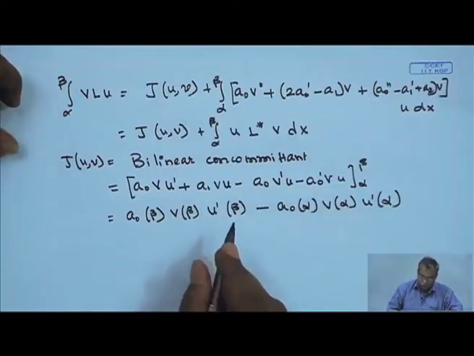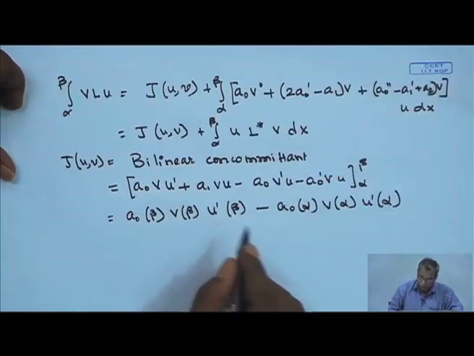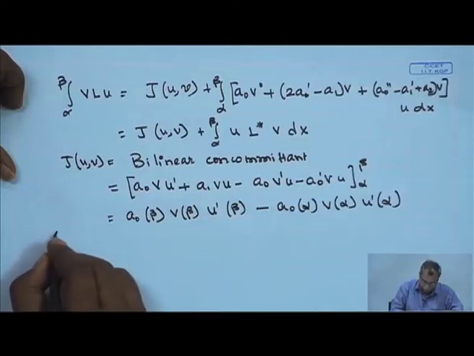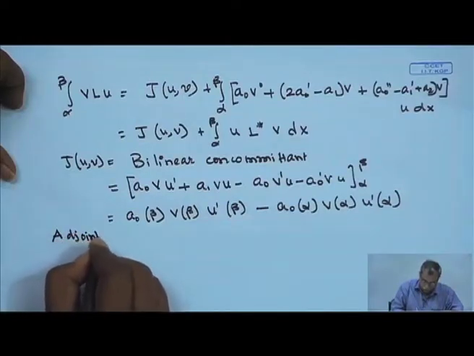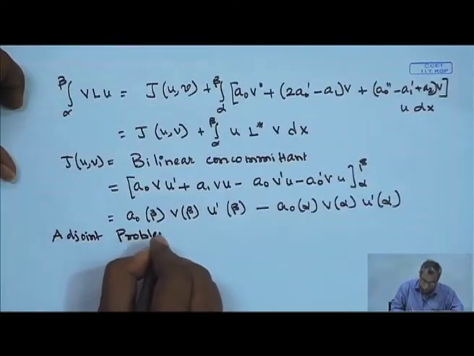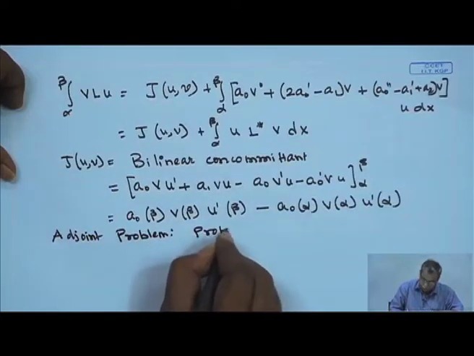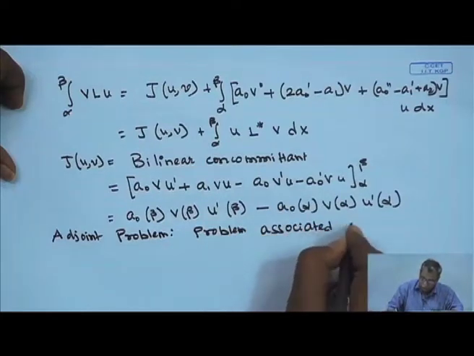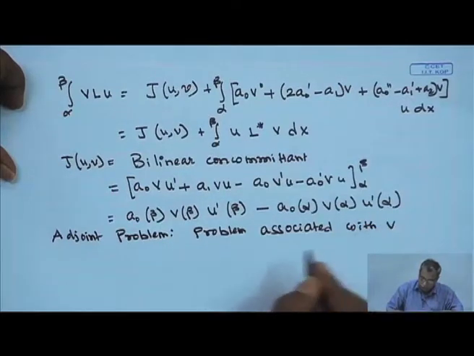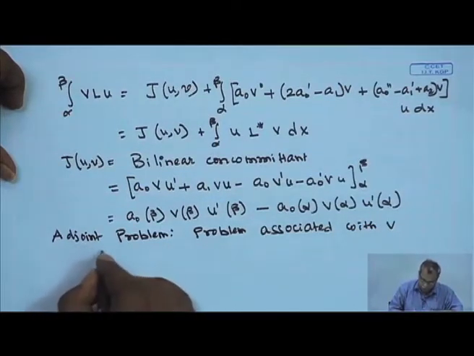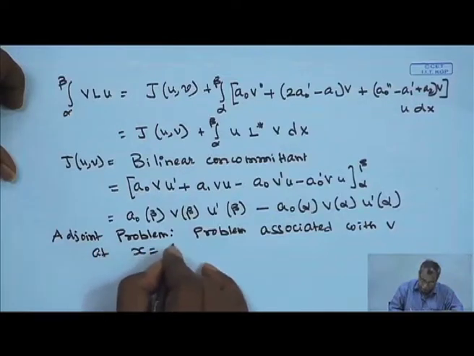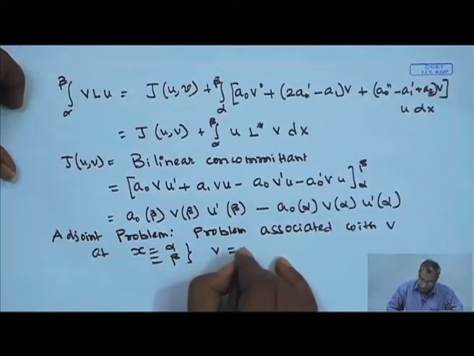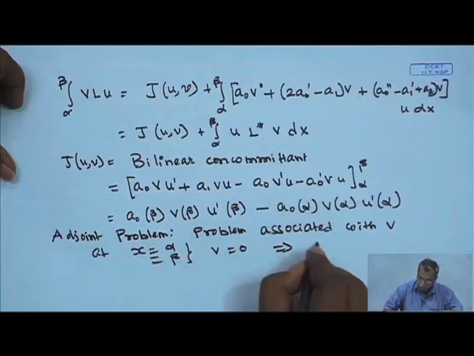So, now we can select the boundary condition of the adjoint problem. So, the adjoint problem is basically the problem associated with v. So, if we select at x is equal to alpha and beta, v is equal to 0, then your bilinear concomitant will be equal to 0.